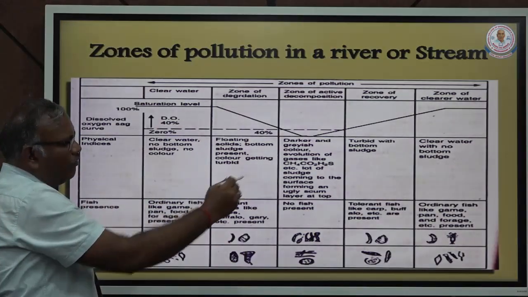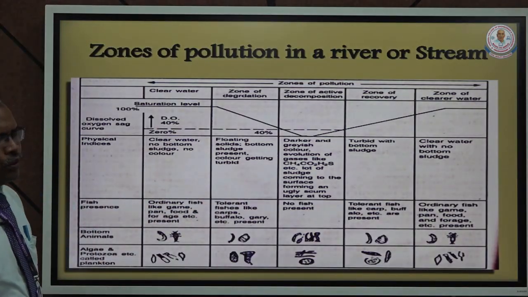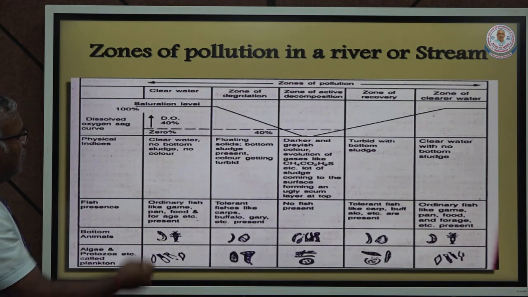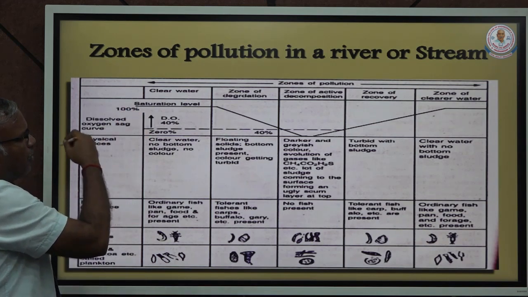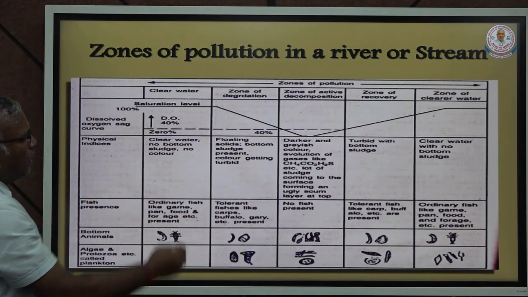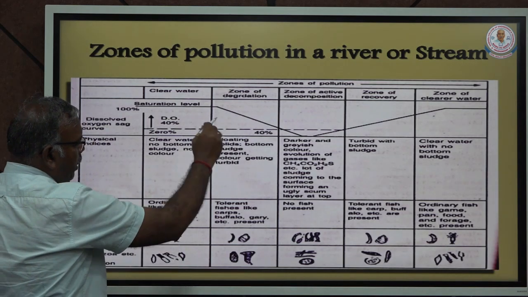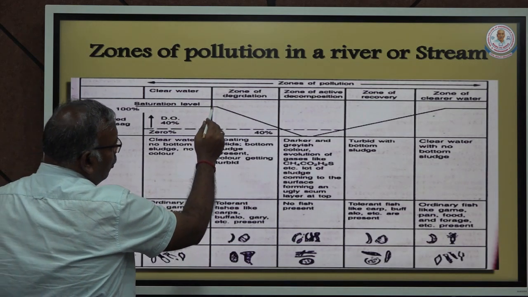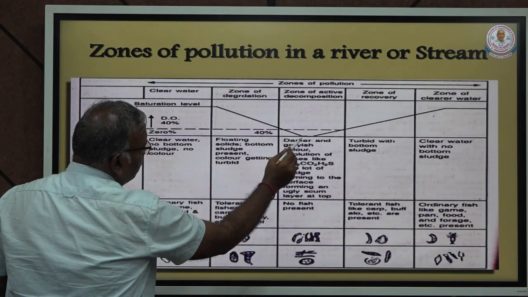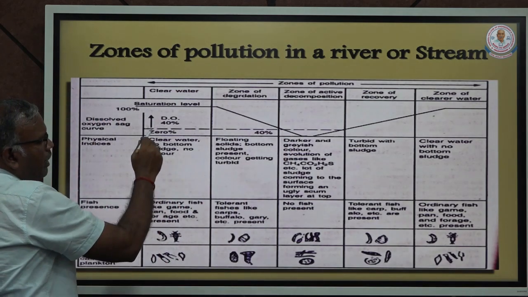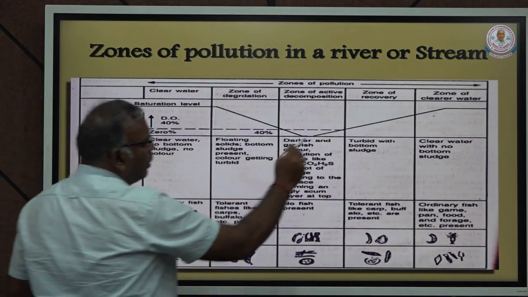Next, these are the various zones of a water body, where this is a point where the water is clear. Once the sewage is mixed at this particular point, the oxygen level will keep on depleting below the saturated level.